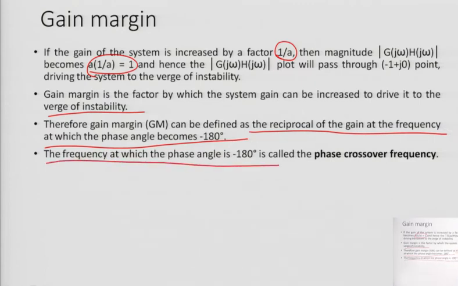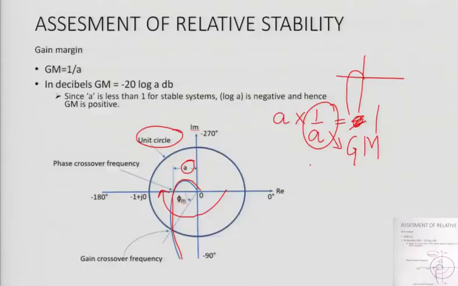The frequency at which the phase angle is minus 180 degrees is called the phase crossover frequency. That is, the frequency at which the phase angle of G(jω)H(jω) is minus 180 degrees is known as the phase crossover frequency.